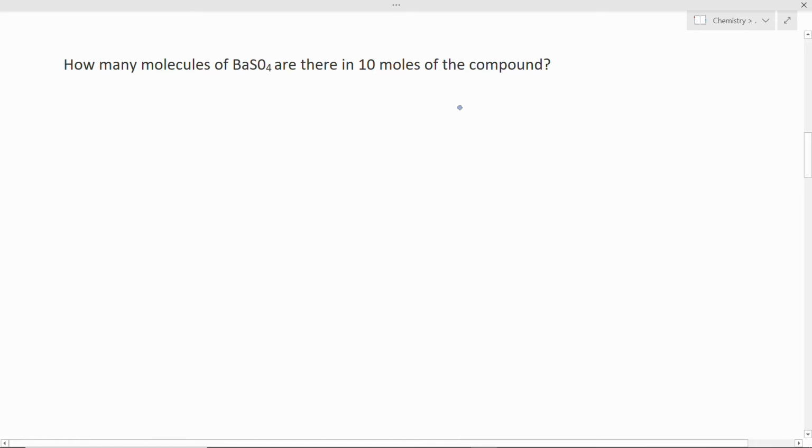How many molecules of barium sulfate are there in 10 moles of the compound? Okay, so we know that to find the number of molecules, we must multiply the number of moles times Avogadro's number, so 6.02 times 10 to the 23rd.